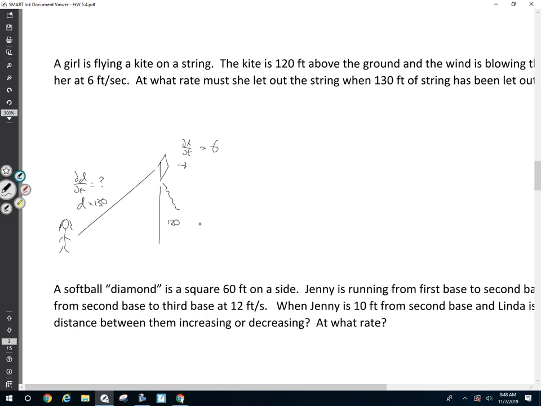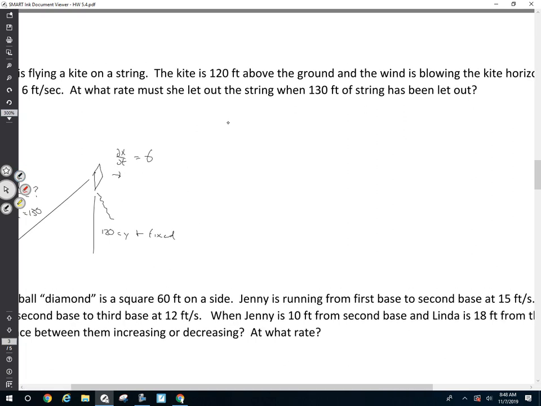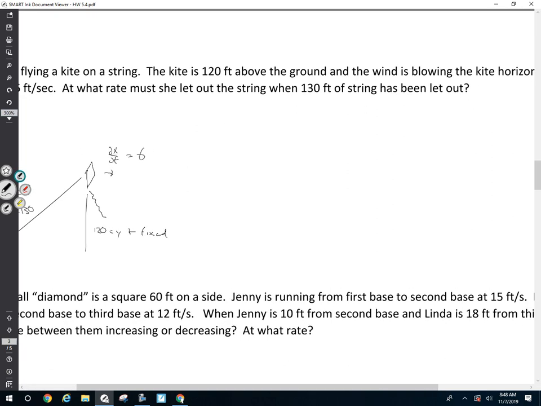All right, well, since it's flying horizontally, Y is fixed. I've got my Pythagorean theorem, but Y is fixed. I'm not even going to bother squaring 120 because when I take the derivative, it's going to be 0.